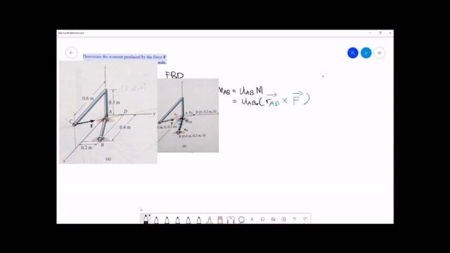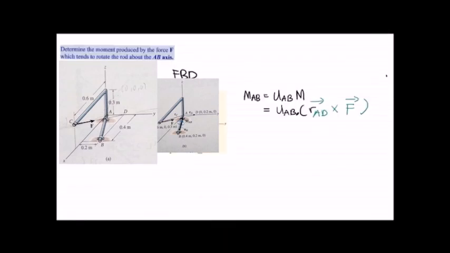Consider this formula. UAB is the unit vector of the moment at the AB axis, and then dot product with the open bracket position vector of AD cross with the force line of action F, where F is equal to negative 600i plus 200j minus 300k.